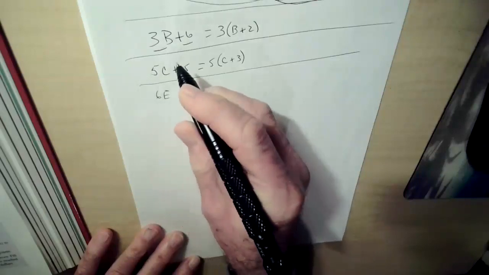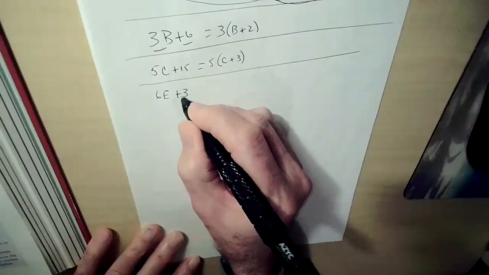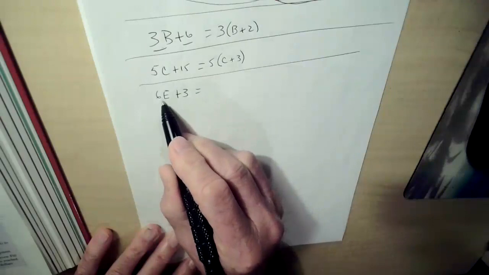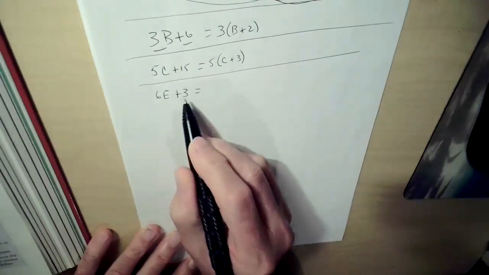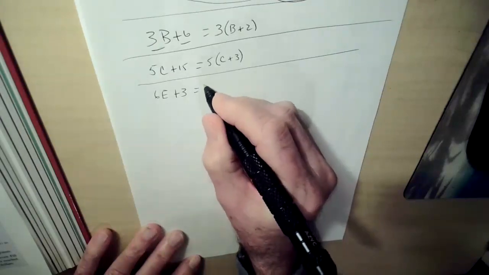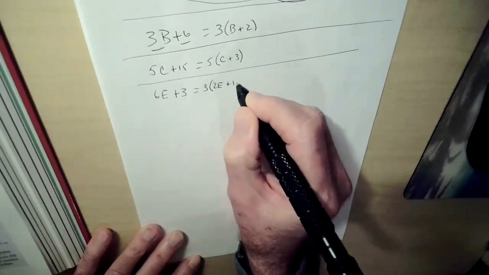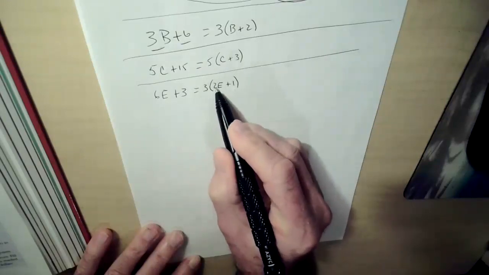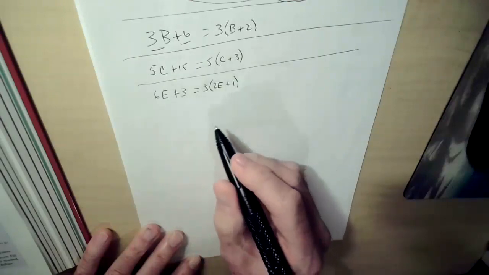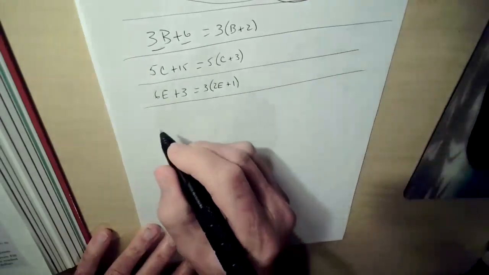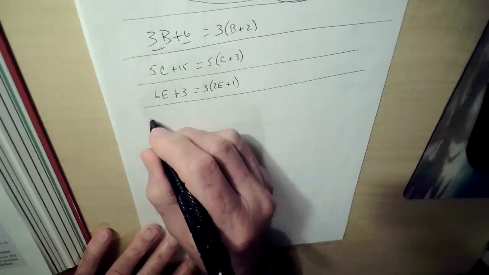How about 6e plus 3? What number is common to both of these? There's a factor of both. 3. Three times 2e is 6e. 3 times 1 is 3. So we're correct.